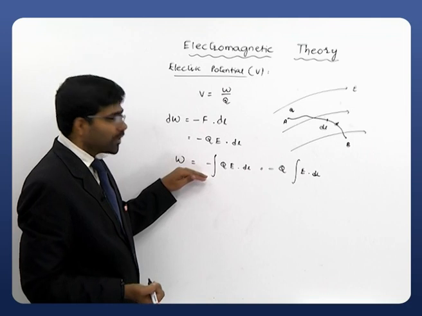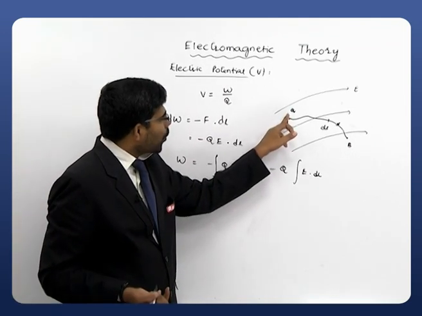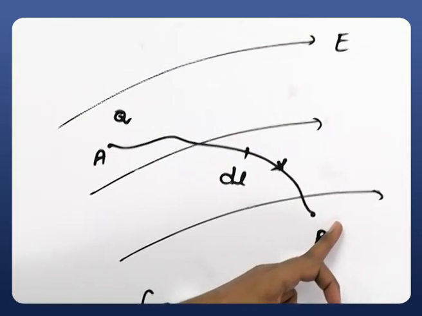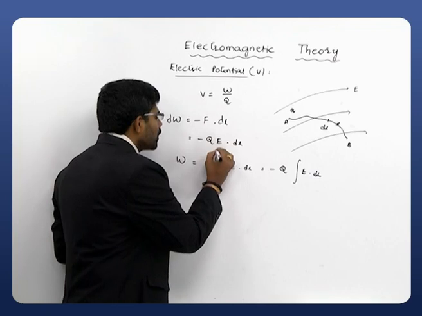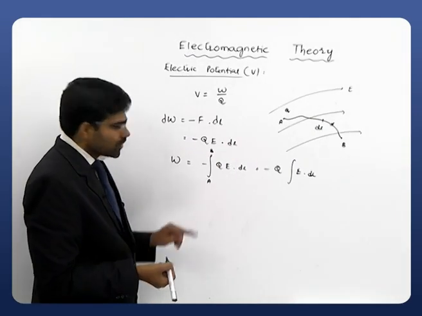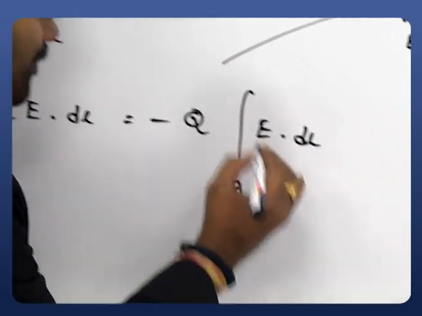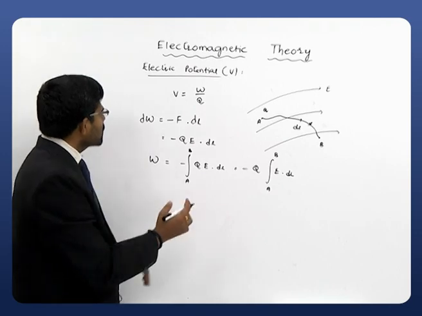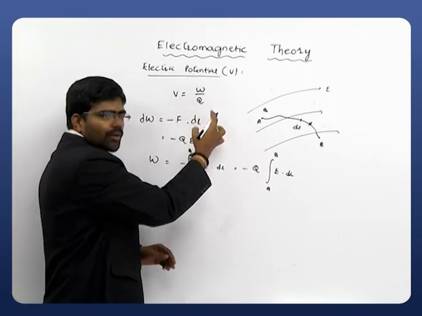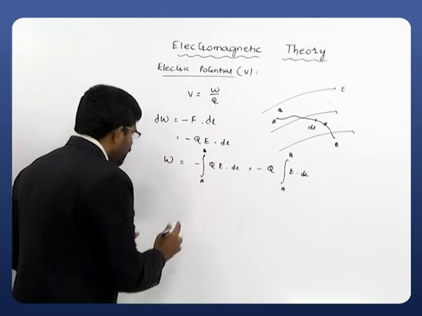This integration is for calculation of the total work done to move this charge from point A to point B. So along the line, from A to B, we are supposed to integrate this. So the work done is integral from A to B, and here also this is integral A to B of E dot dl. Now as per our definition of the potential, it's the work done per charge. So work done is here, the charge is on the right hand side, bring it to the left hand side.